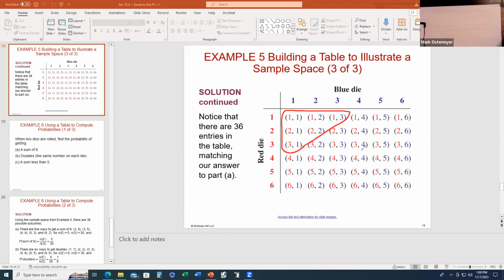Sum of less than 5 would be all of those ways there, correct? That's 1, 2, 3, 4, 5, 6 ways out of 36 possible outcomes. So your probability of rolling a sum less than 5 would be 6/36 or 1/6, or about a 16% chance.